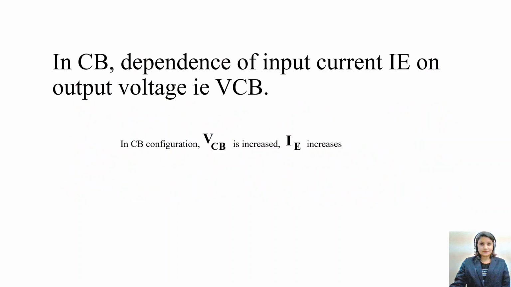So, the Early effect is nothing but, in CB configuration, there is a dependency of input current. You know, emitter current is the input current in CB configuration.